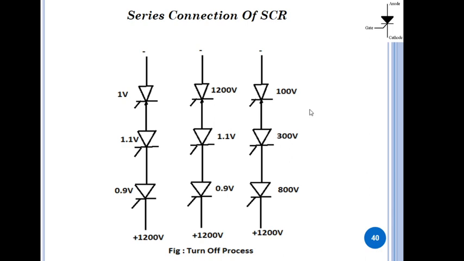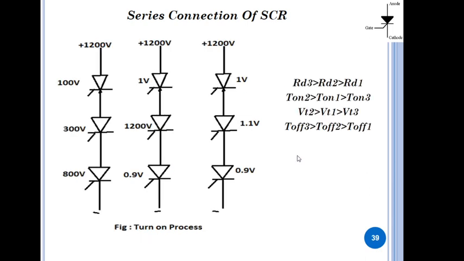From the above discussion, we observe that when all the SCRs are recovered and in the off state, the voltage distribution across the SCRs depends upon the VI characteristics. If we assume that the VI characteristics during the forward and reverse directions are the same, then in the forward case also, when all the SCRs are in the off state, the voltage distribution is unequal.